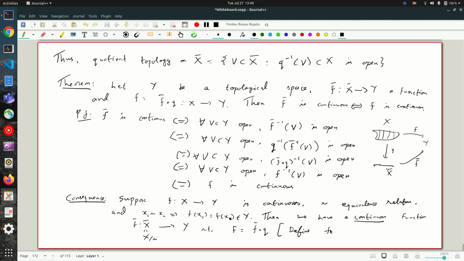We simply define F bar of the equivalence class of x to be F at x, and see, this is well defined.